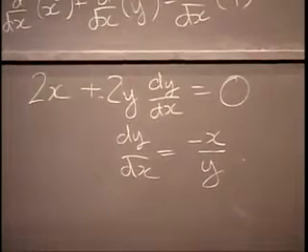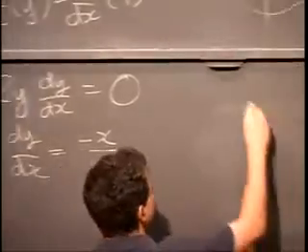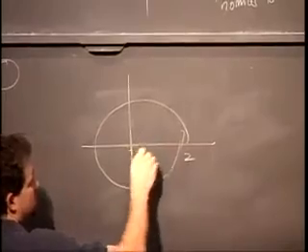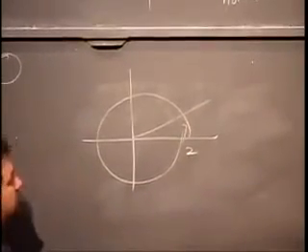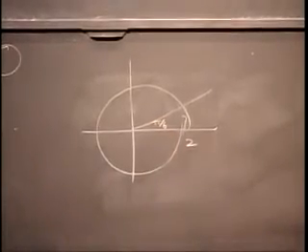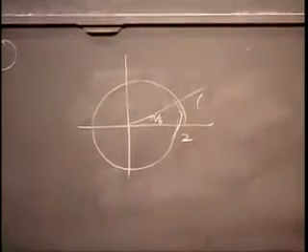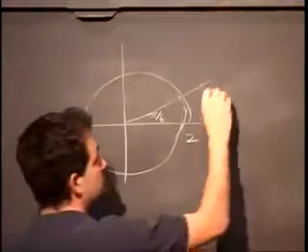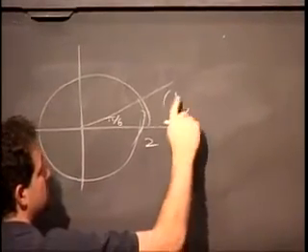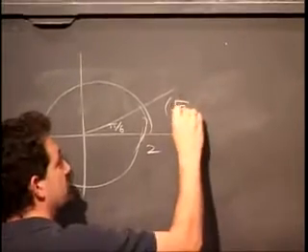Let's just look at a specific point. Suppose I pick the point with angle pi over 6. Actually, let's do the x-coordinate first. The x-coordinate is cosine pi over 6 times 2, which is root 3. And the y-coordinate is sine pi over 6 times 2, which is just 1.